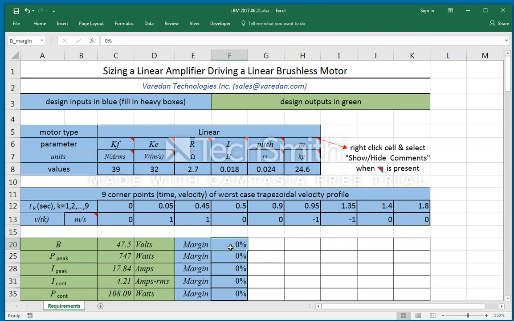So here we might input 20% for the bipolar amplifier bus voltage. Similarly, for peak power, you might want to allow for some margin there. That's it. Email this completed spreadsheet, and we can work with you to select an amplifier.